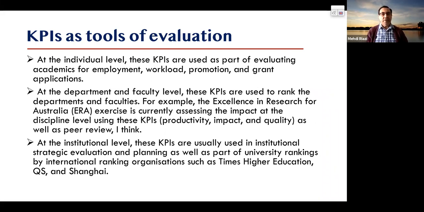At the department and faculty level, they are used to rank the departments and faculties. For example, the Excellence in Research for Australia (ERA) exercise is currently assessing the impact at the discipline level using these key performance indicators, which include productivity, impact, and quality, as well as peer review, I think.